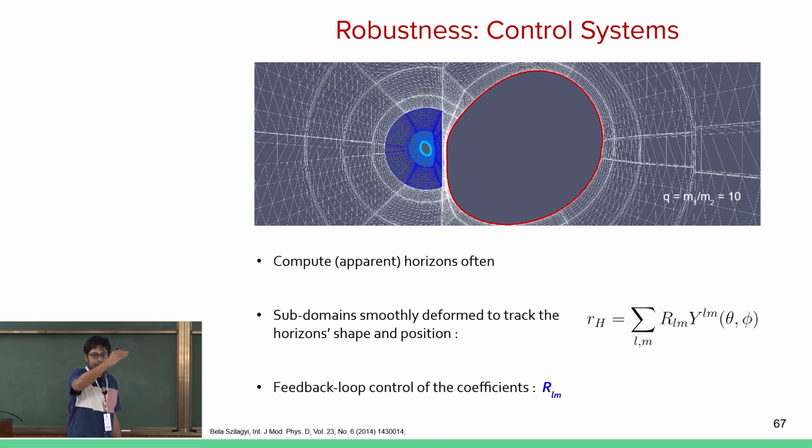But as we go forward, we will only update the coefficients. We don't need to solve the whole equation. Or in other words, we only solve for the deformations of the horizon given the horizon at the previous time step, right? So this is called tracking of the apparent horizon, and this is achieved using feedback loop control of these r_lm coefficients.